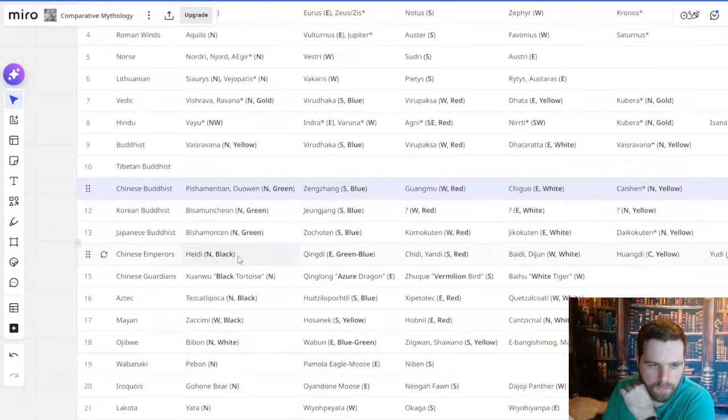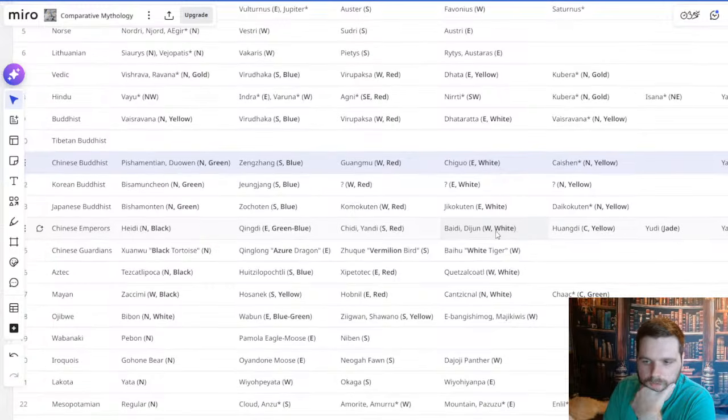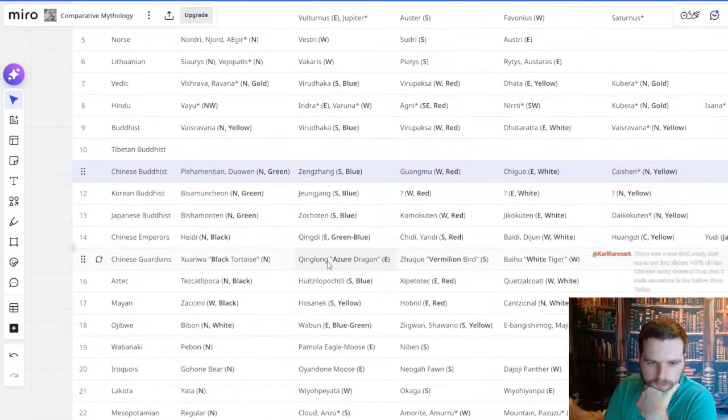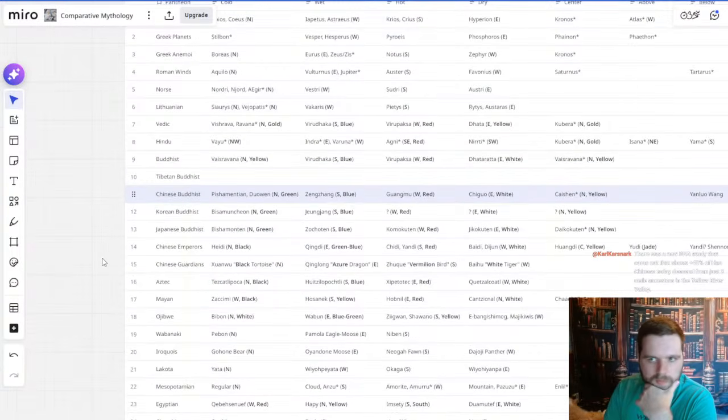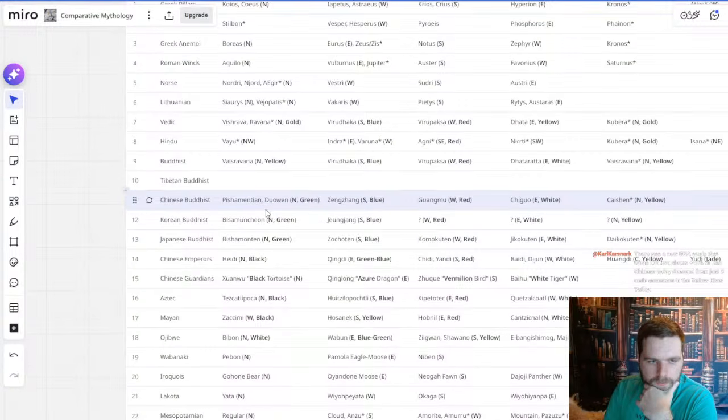So if you look down here, the Chinese emperors, and these are their own emperors, their own things. They were most likely pre-Buddhist, most certainly pre-Buddhist, perhaps with some Buddhist influence in their later iconography and colorization and whatnot. Qingdi is the green-blue or the azure emperor, because azure was like green-blue, teal, basically. So yeah.